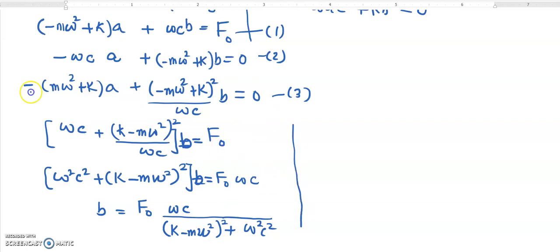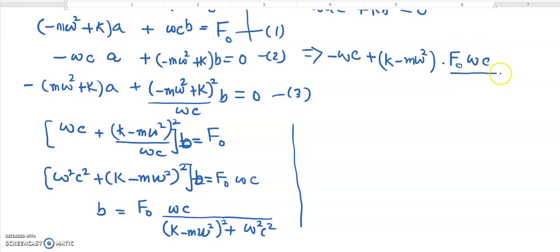So to find the value of a, I can use equation number 2. In this equation number 2, it will be minus omega c. Then I can write it like k minus m omega square, and the value of b is f naught omega c divided by k minus m omega square squared plus omega square c square, and that is equal to 0.